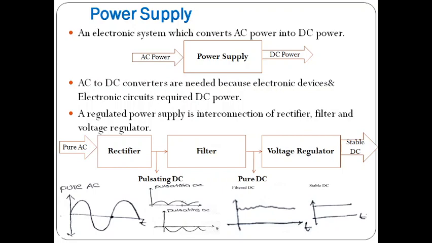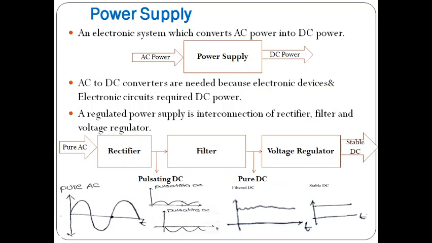So when you give pure AC input to the rectifier circuit, the rectifier circuit will provide pulsating DC. That means it is not pure DC, it is a combination of AC plus DC output. The ultimate output should be pure DC or stable DC.